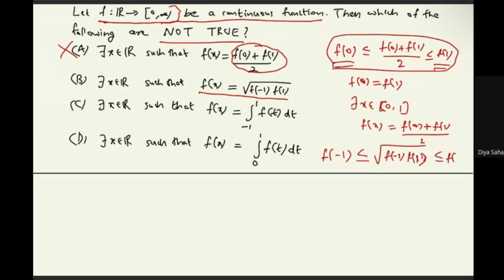I am writing f of minus 1 and f of 1; whichever is smaller you write on the left, and whichever is bigger on the right. The same reasoning applies, so in between minus 1 and 1, you always get a number which gives this value. So this is also a true statement, and you can't take this as an answer. What about the other two options?